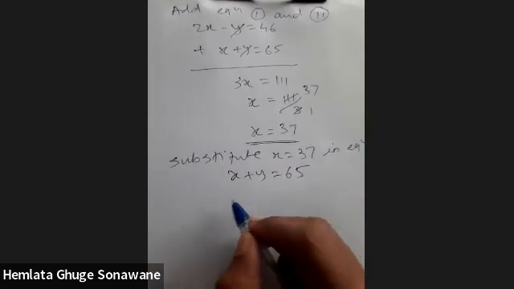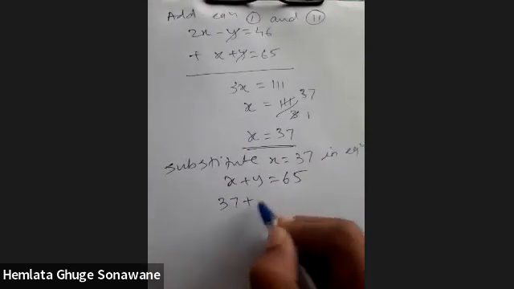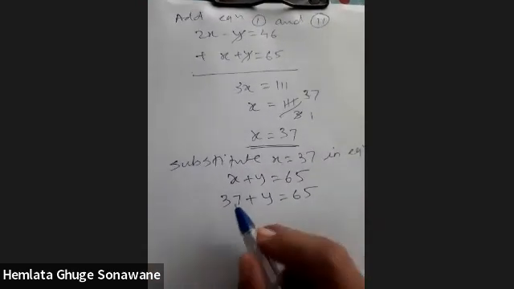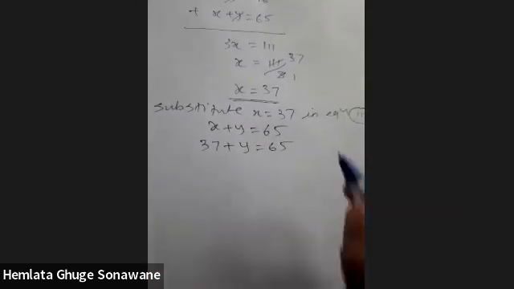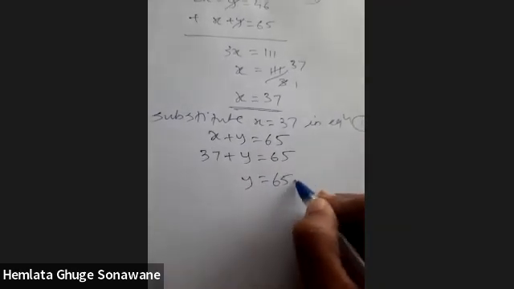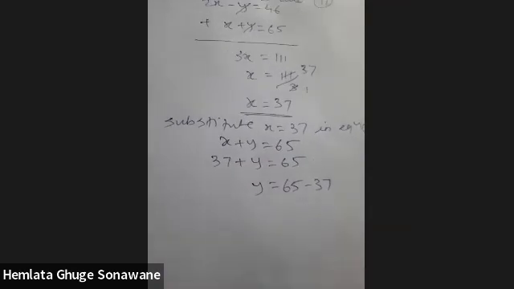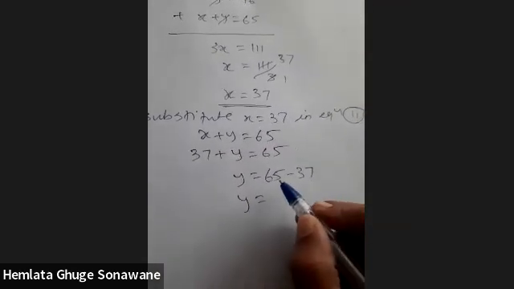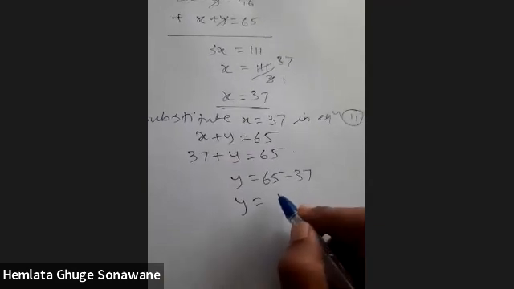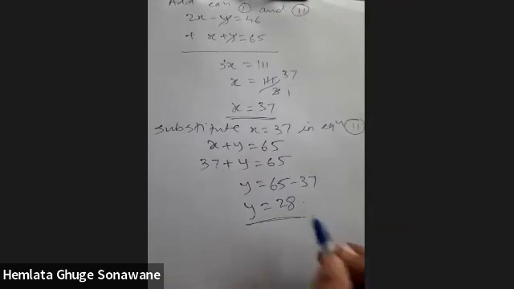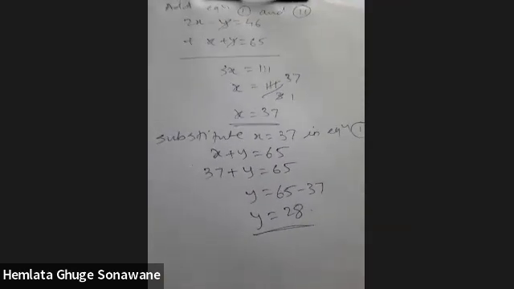We'll put the value of x as 37, plus y is equal to 65. Now this plus 37 becomes minus 37 towards the right hand side. So y is equal to 65 minus 37, which becomes 28. Now we have got the value of y as 28.